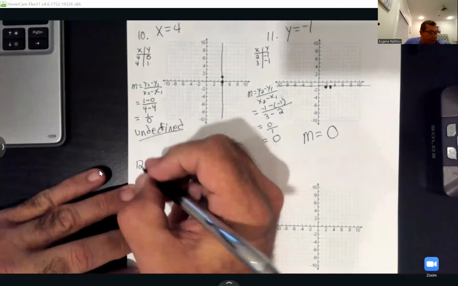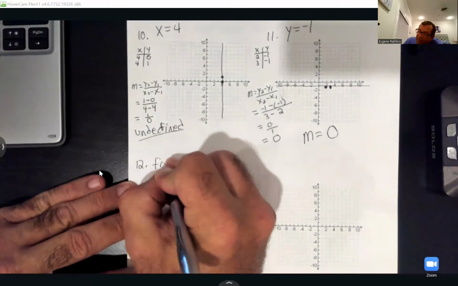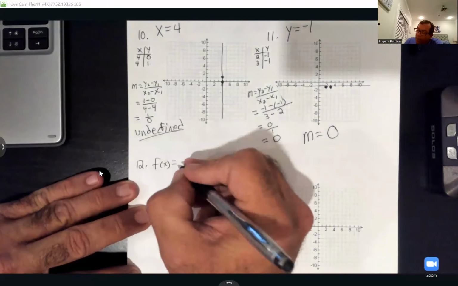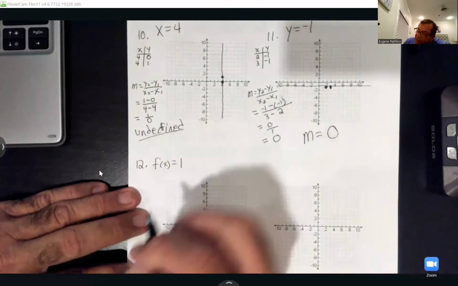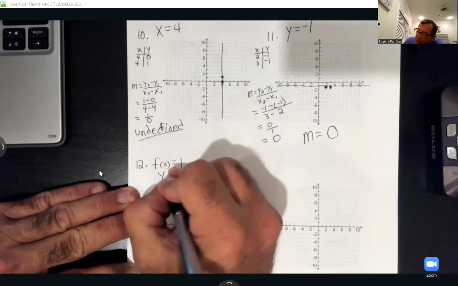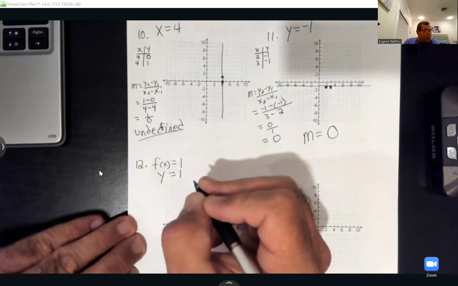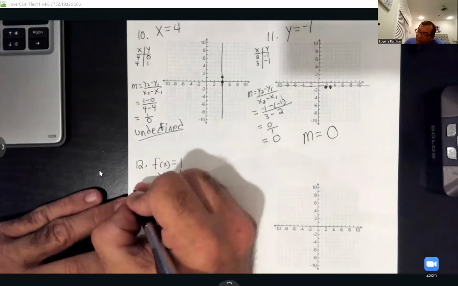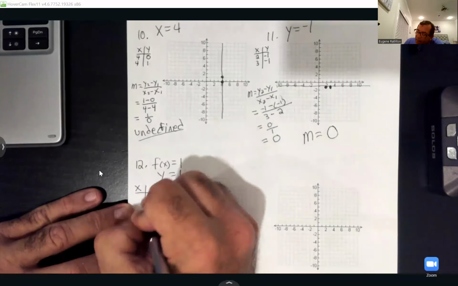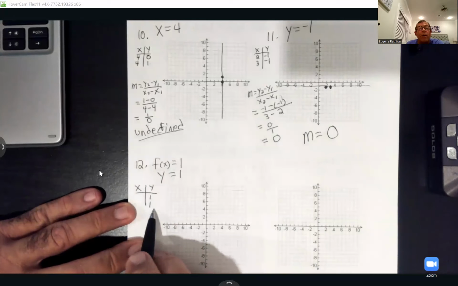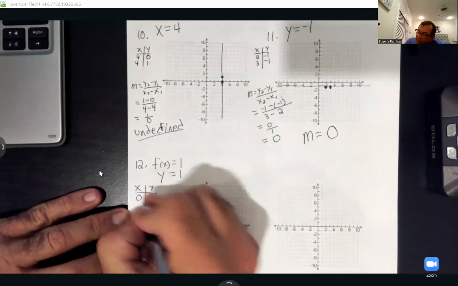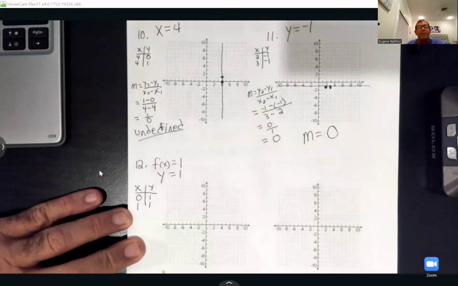All right, number 12, same thing, but look, they're giving me f of x equals 1. But remember, f of x really stands for y. So this is y equals 1. So if you're going to graph it, no matter what, all the y values are 1. So let me use my 0 and 1 again for my x's.